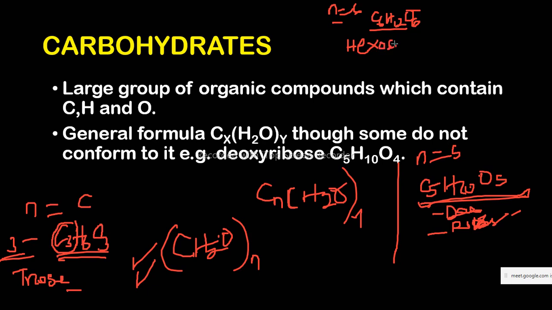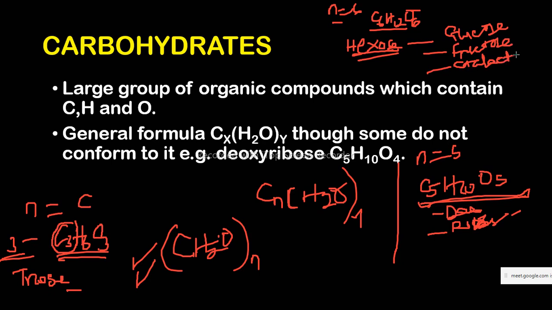Carbohydrates are named by adding the suffix "-ose". We are going to talk about all of this, so have no worries. This is a hexose sugar, and examples we have are glucose, fructose, galactose, and so on.